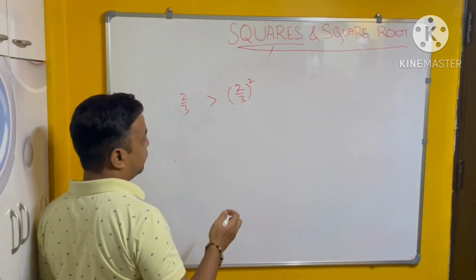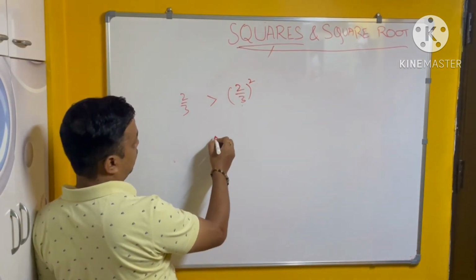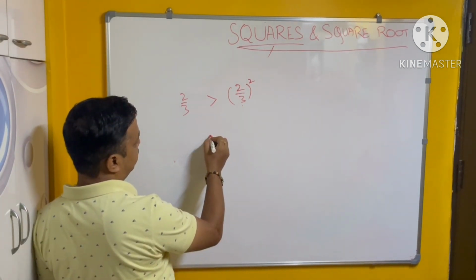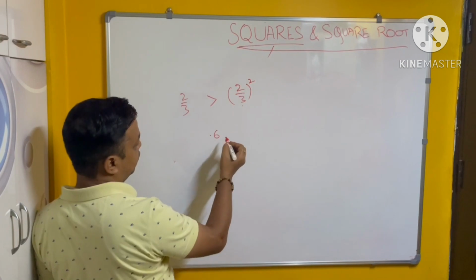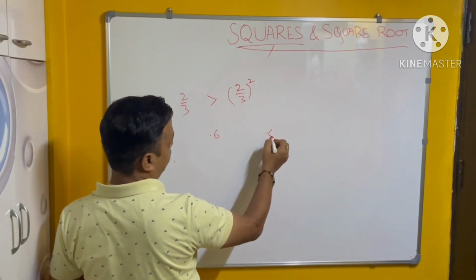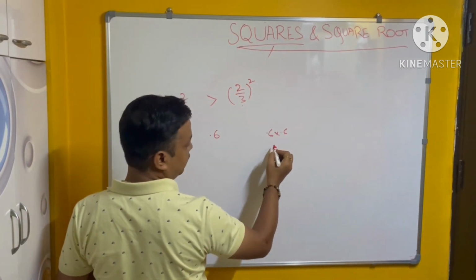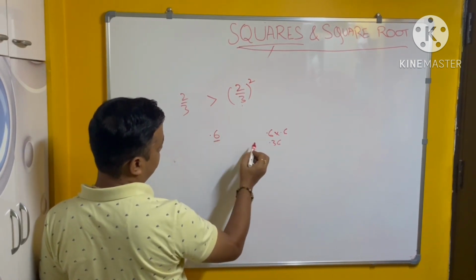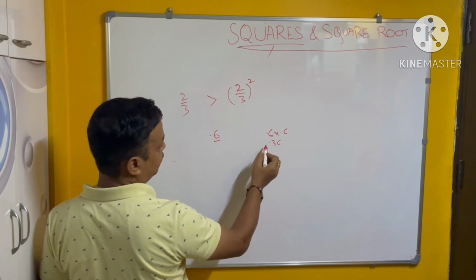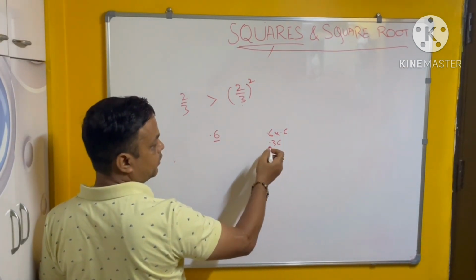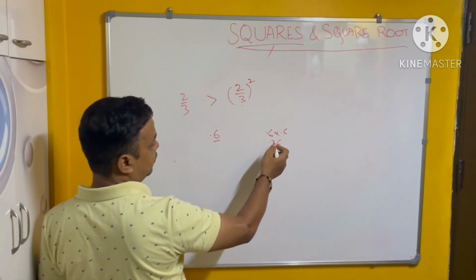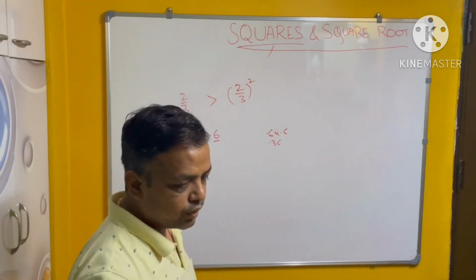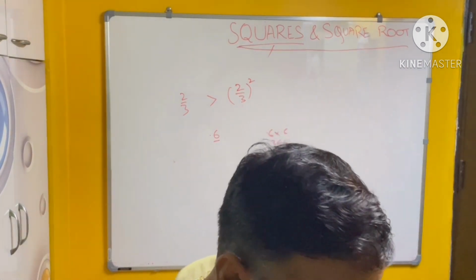Suppose we take a decimal number, 0.6. We want to know its square, so 0.6 into 0.6 is 0.36. Now 0.6 is greater than 0.36, which is the square number. So the square of a decimal number is less than the actual decimal number. This is another property.